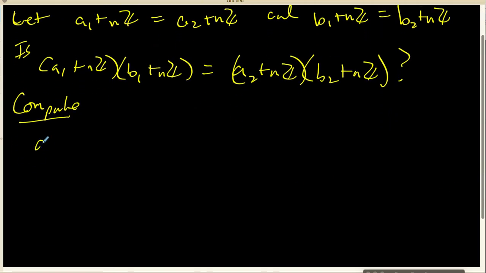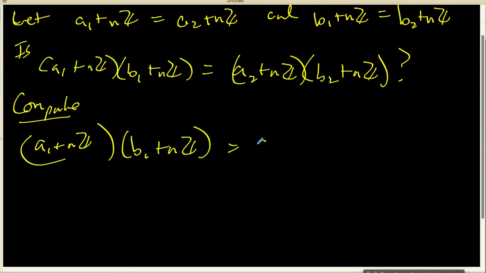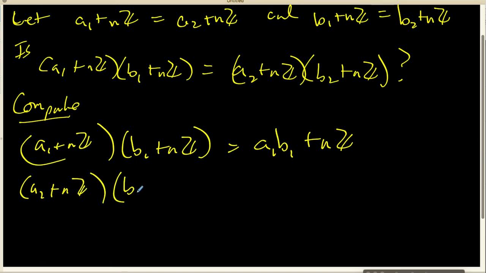Now, A1 plus nZ times B1 plus nZ was defined to be A1 B1 plus nZ. And A2 plus nZ times B2 plus nZ was defined to be A2 B2 plus nZ.